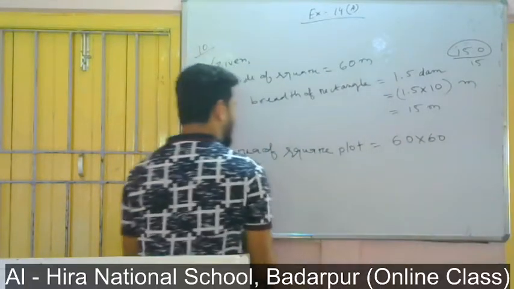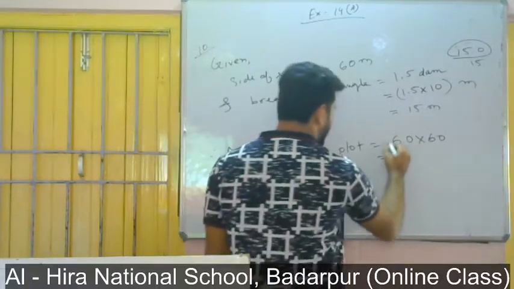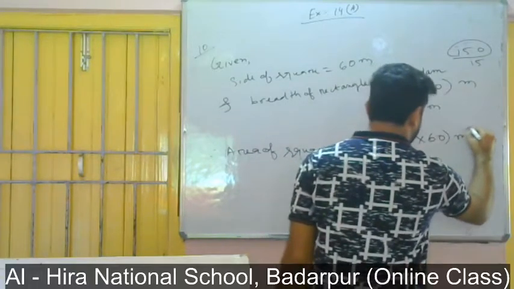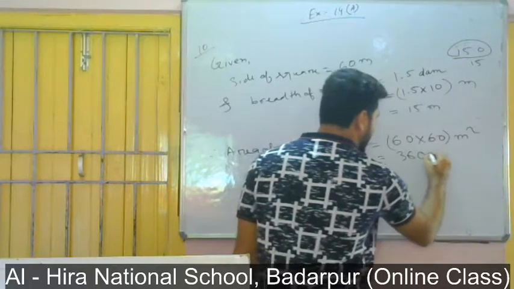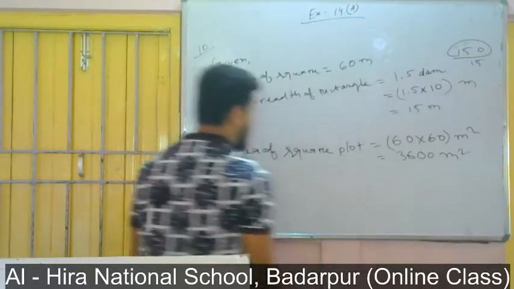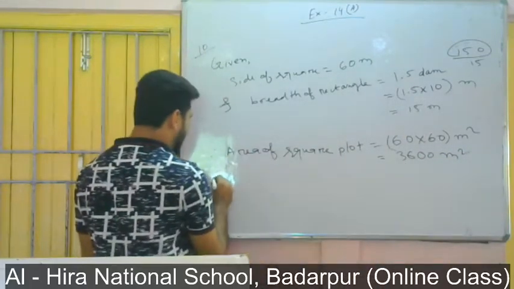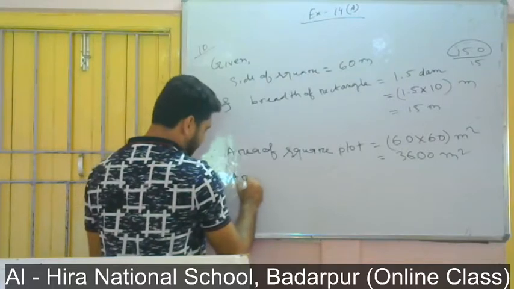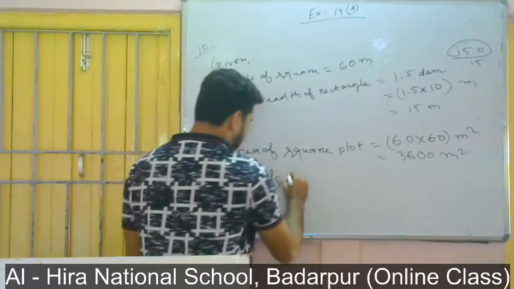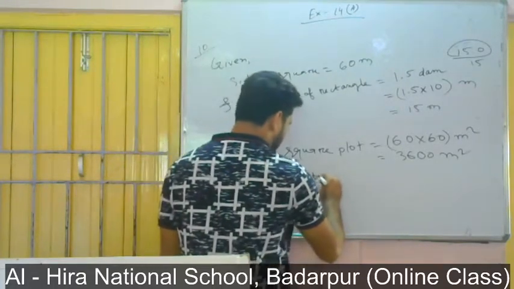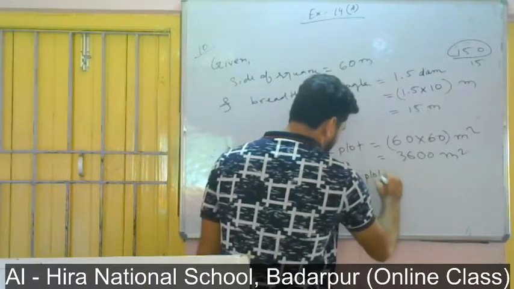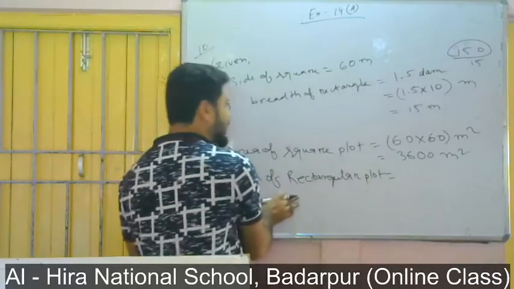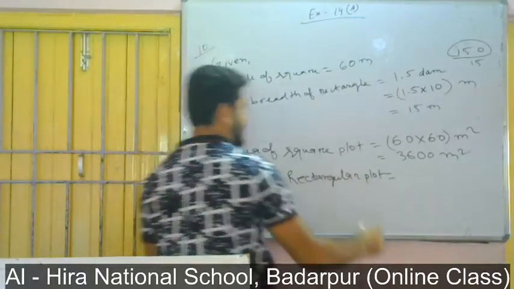Okay, we know the formula, area 60 into 60, and we will put meter square. 6 6 are 36, and two zeros, so 3600 meter square. Okay, now we find the area of the rectangular plot. Area of rectangular plot will be length into breadth.